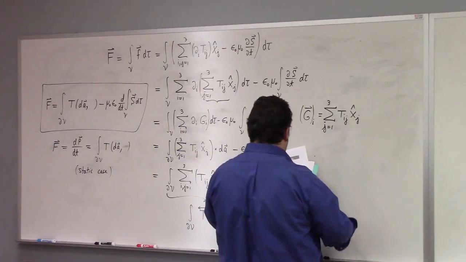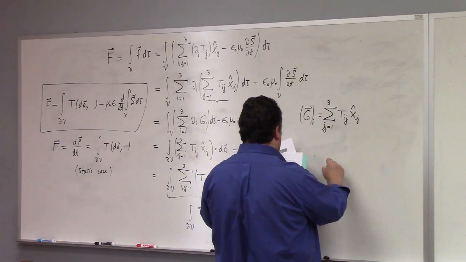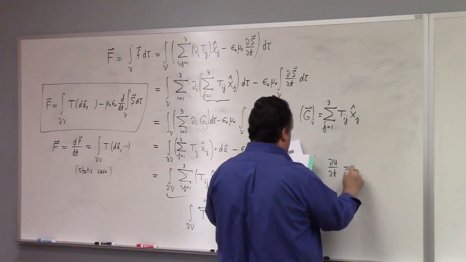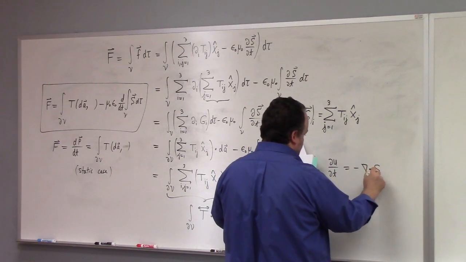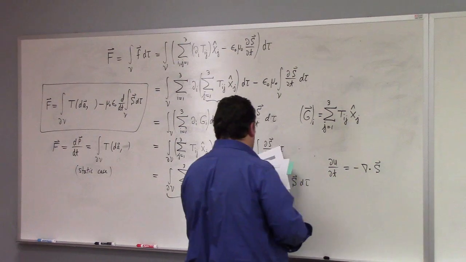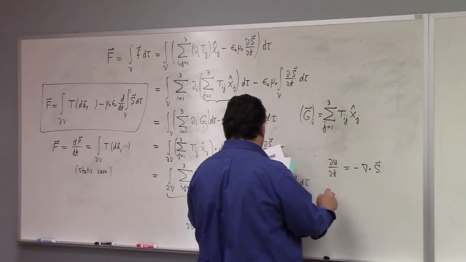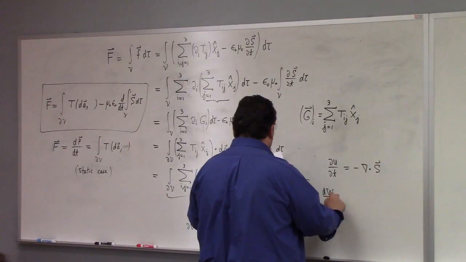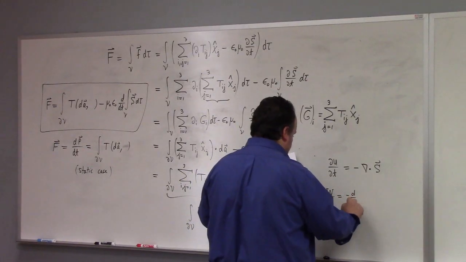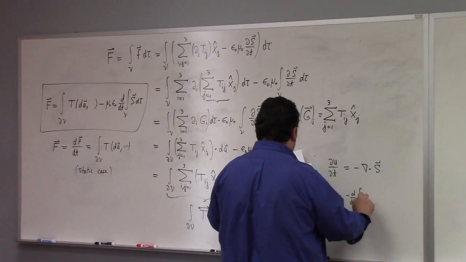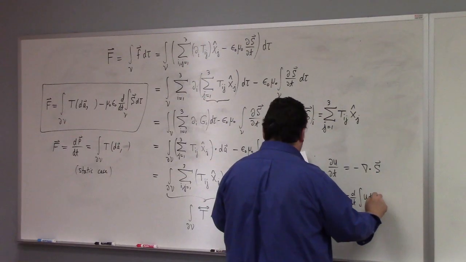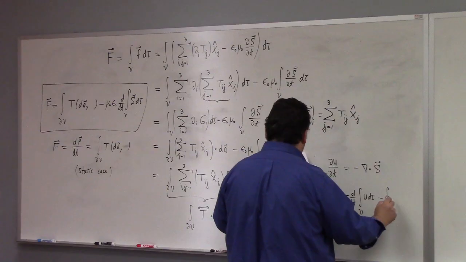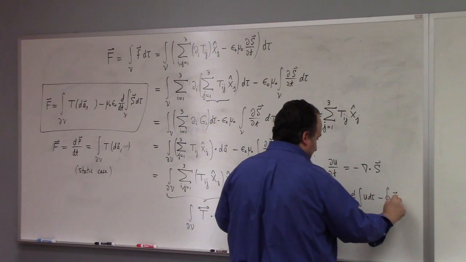So in empty space we had partial u, partial t is equal to minus the divergence of the Poynting vector, right? But we also had that the power, dW/dt, was minus d/dt of the integral of u d tau minus the integral over the boundary of S dot dA.